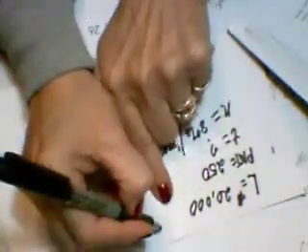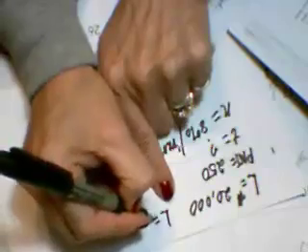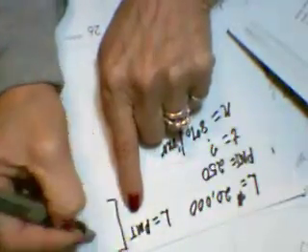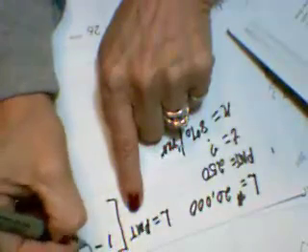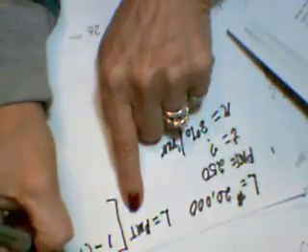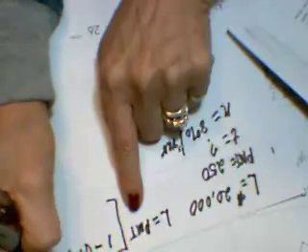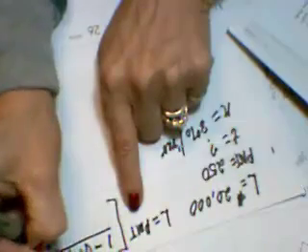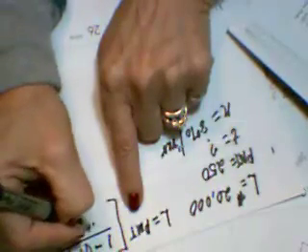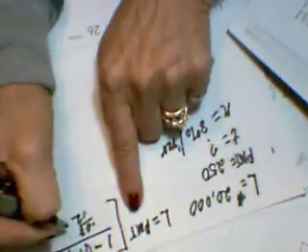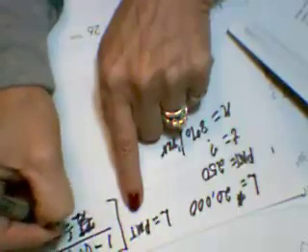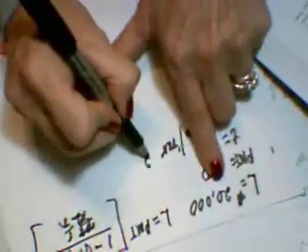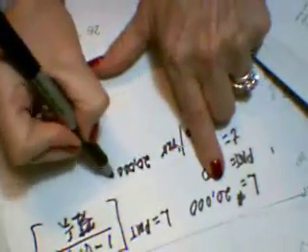So I go to my formula. The amount of the loan is the payment times 1 minus 1 plus r over n raised to the negative nt power over r over n. Wow. So I'm borrowing $20,000.